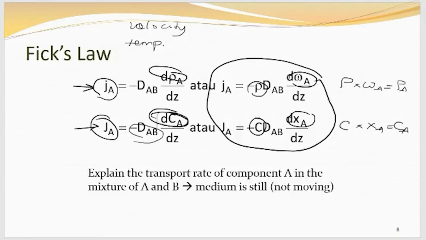So in the momentum, this is the total momentum transport. You have tau, molecular momentum transport, plus pressure, also molecular, plus rho vv. This is the convective term.